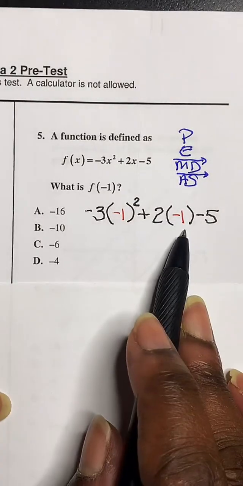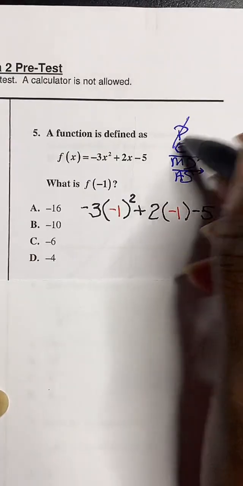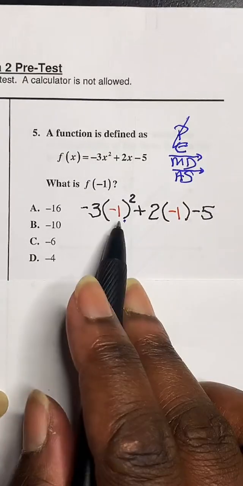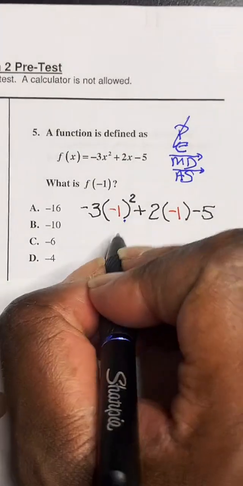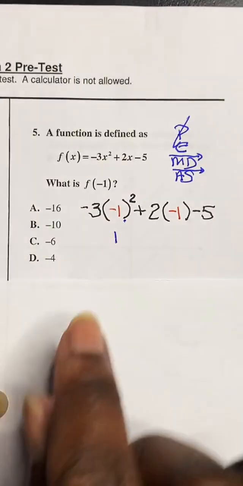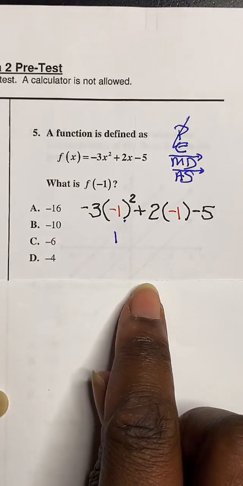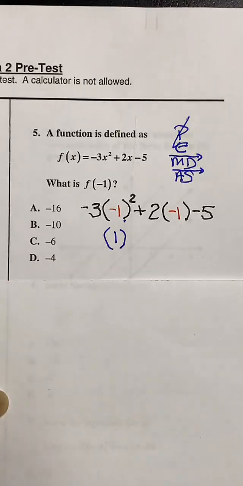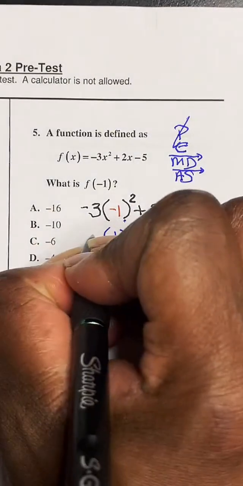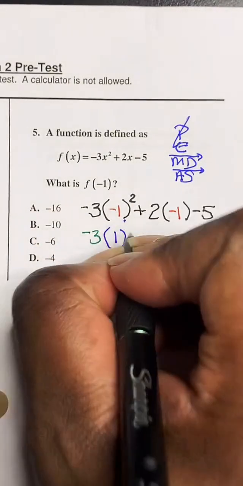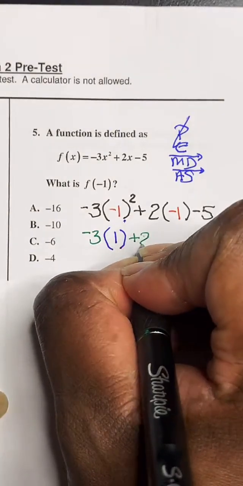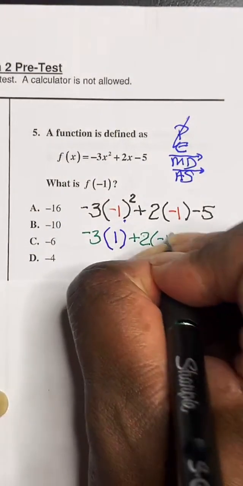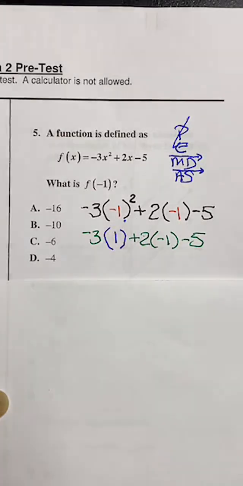Inside the parentheses, we don't have anything to combine, but we do have an exponent. Negative 1 squared gives me 1, because it's negative 1 times negative 1. But it is also still being multiplied by our negative 3, plus my 2 times my negative 1 minus 5.